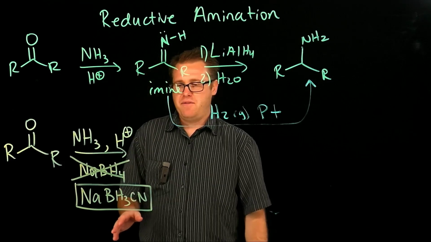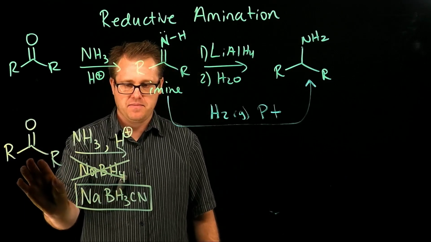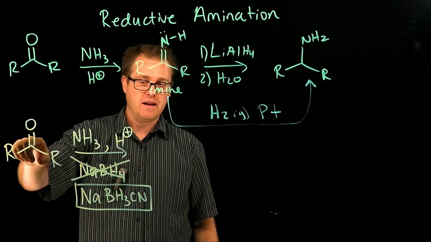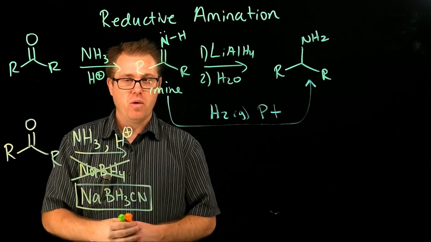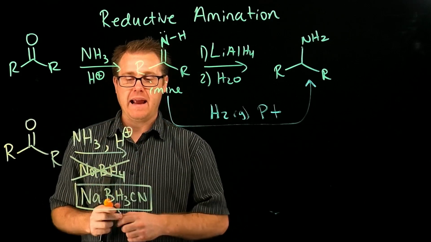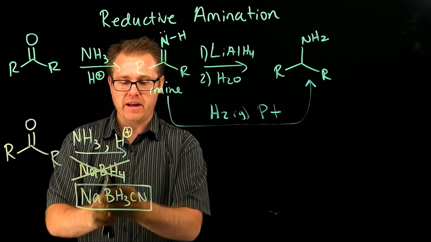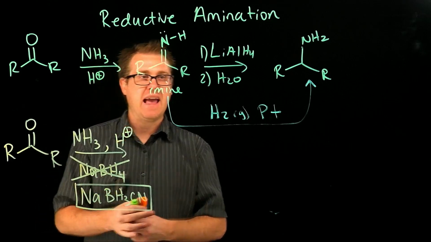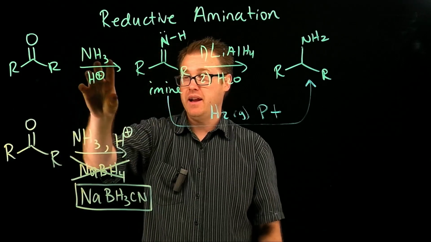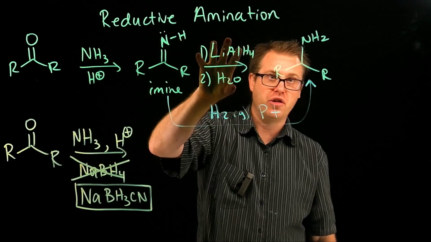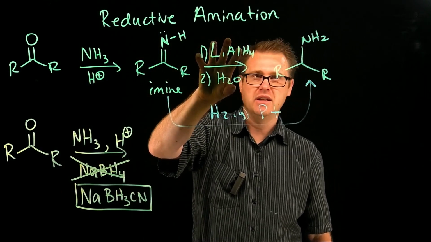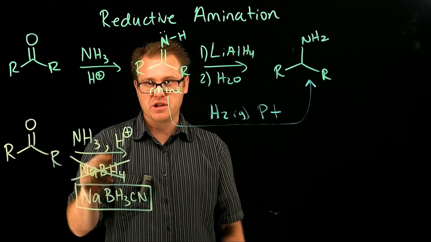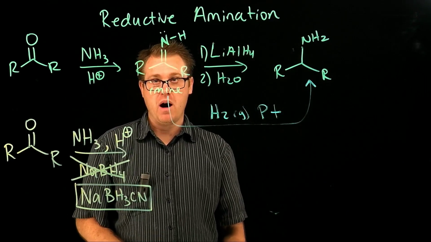So now what is the advantage of this? Well, do you see how we have the same ketone or aldehyde, but now all 3 components are in one reaction. Instead of up above, right here, we have to do it in 2 or 3 steps to get us to our amine. But this way, it's just done, boom, one pot.